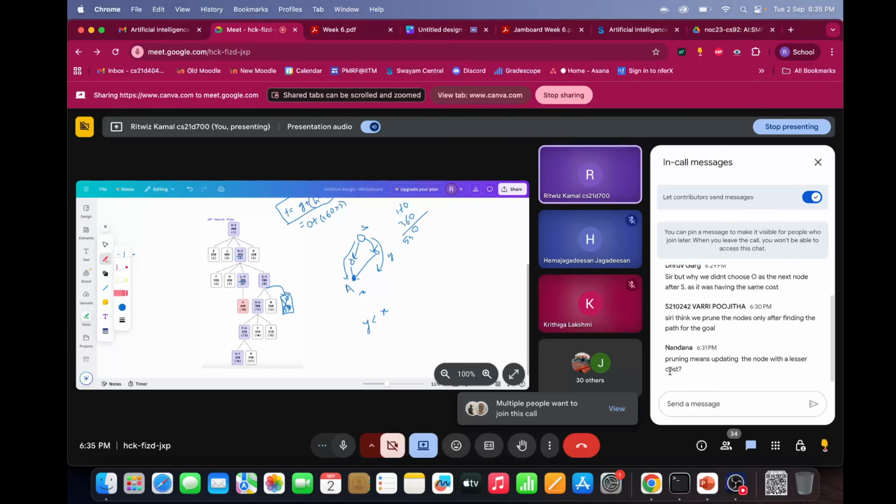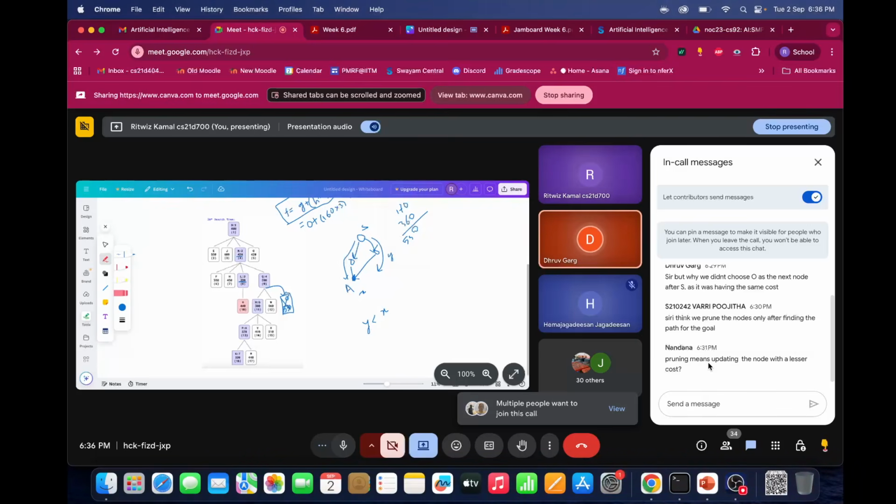Any other doubts in this weighted A star question? In a previous session, we used A star, and in that, S cost was 160.